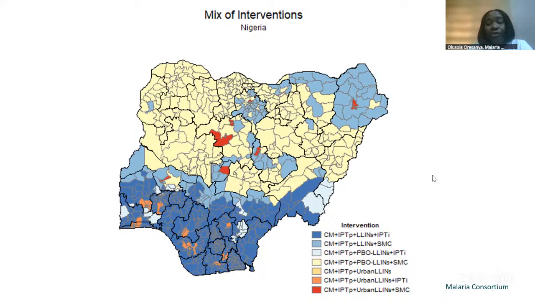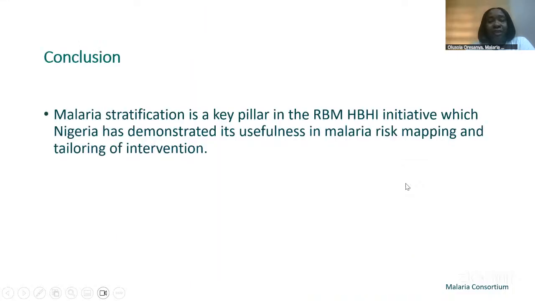So in conclusion, malaria stratification is a key pillar in the Roll Back Malaria High Burden High Impact initiative, and Nigeria has demonstrated its usefulness in malaria risk mapping and also in intervention tailoring.